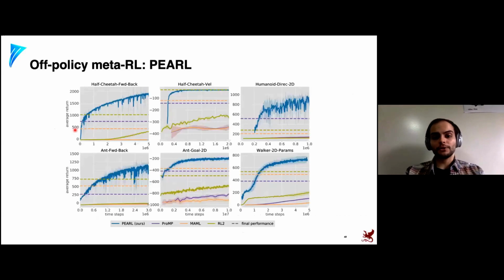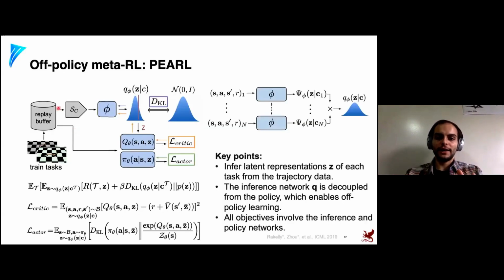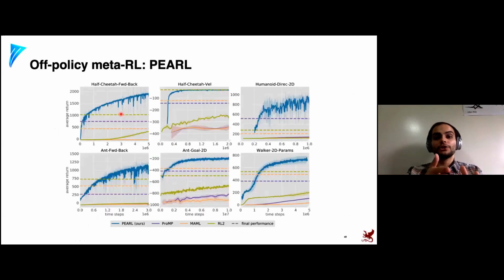And the answer is probably no. There is a paper called Meta Q-learning that shows that if you take standard Q-learning and just add a recurrent inference function, and condition your Q function on the representations inferred by it, without all these fancy combinations, you can still perform almost as well as PEARL on many of these benchmarks.